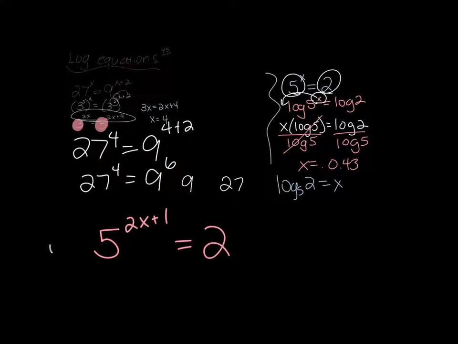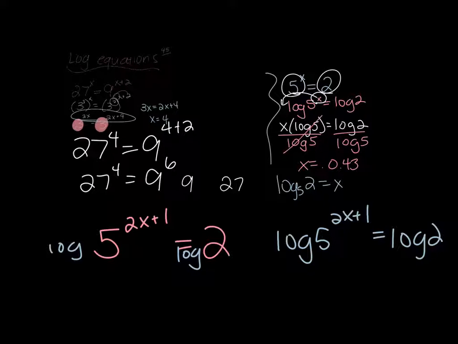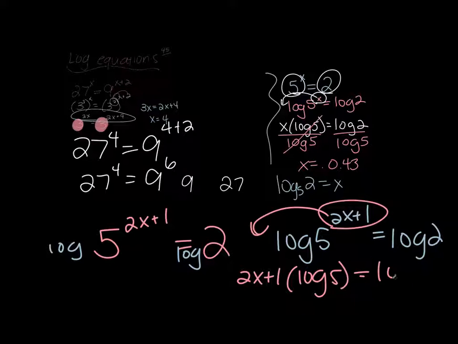So this, I would log both sides of the equation, and I would get log of 5 to the 2x plus 1 equals log of 2. The exponent kicks to the front again. 2x plus 1 times the log of 5 equals log of 2. Divide both sides by log of 5.